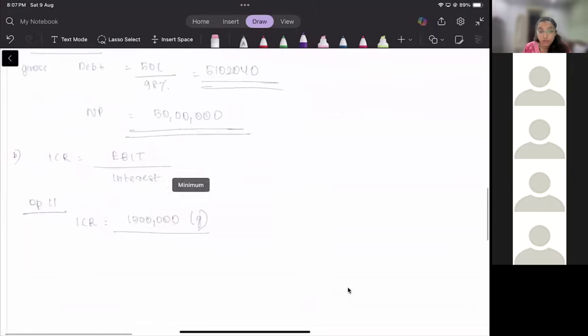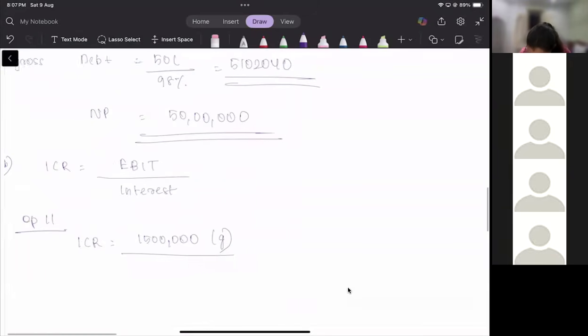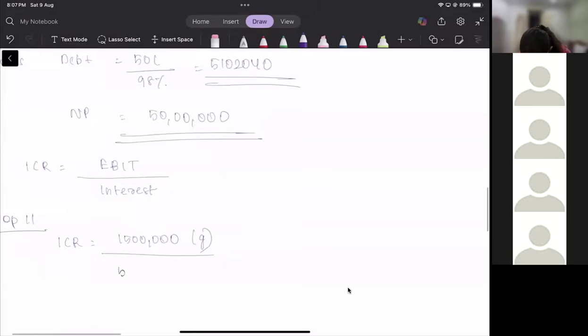See, here you should not make a mistake of taking 50 lakh. Don't take 50 lakh into 12%. You have to take it as 51 lakh 2040 into 12 percentage.